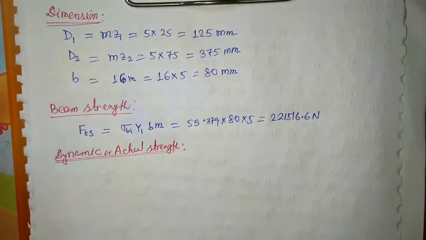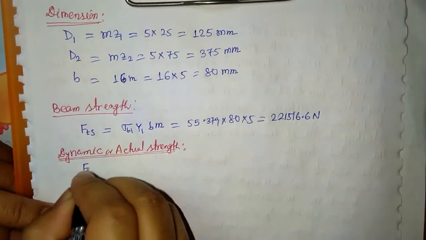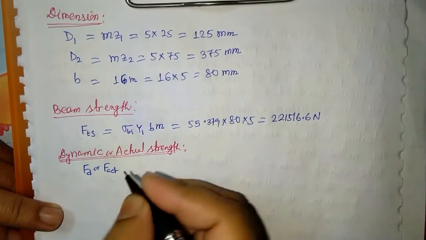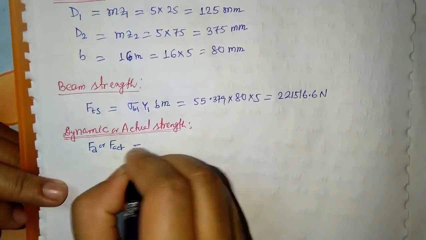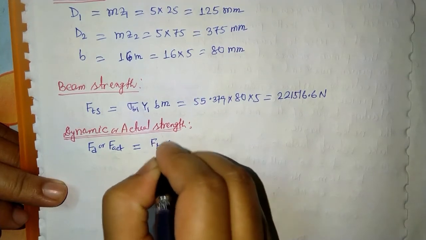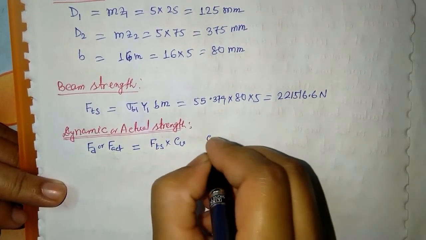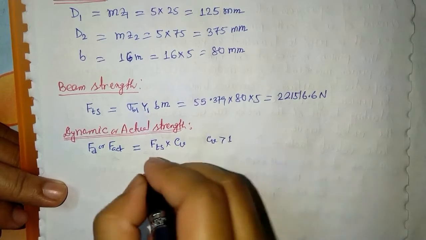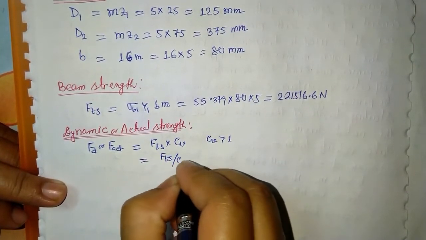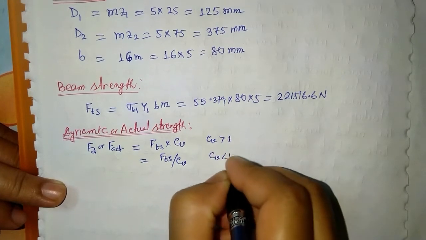Okay, so we know that dynamic or actual f of d, already we have seen. This is our f of ts into cv when cv greater than 1, and this is our f of ts by cv when cv less than 1.